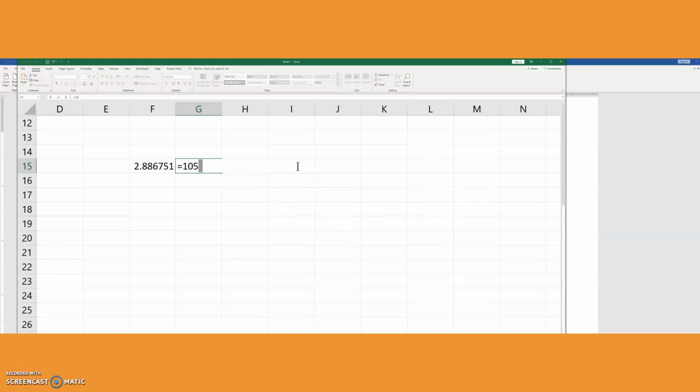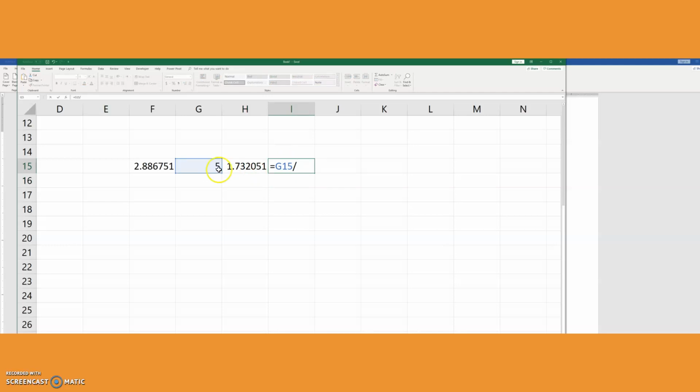And say here 105 minus 100, that's the top, so it's going to be 5, and then 15 divided by the square root of 75, that's n, and that's going to give me 1.5.